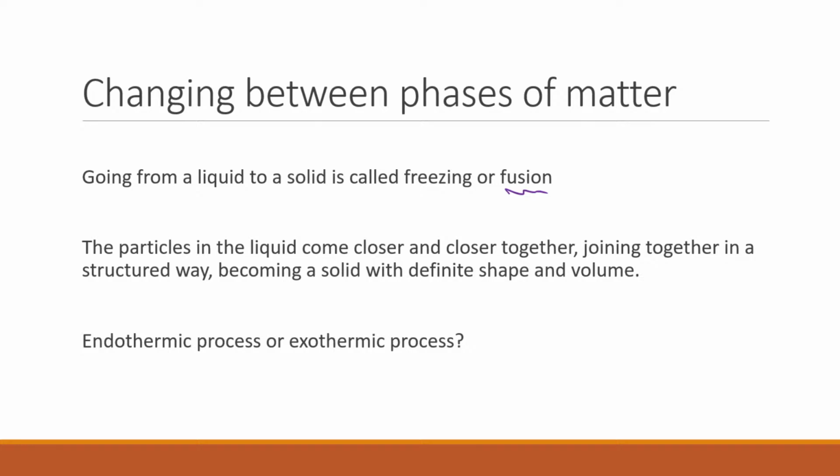Here I'm going to slow these particles down even more, compress them together even more, making them into a nice orderly set of rows and columns, right? A nice crystal structure, a nice geometric pattern for these particles. Is that endo or exothermic? Am I putting energy in or taking energy out?